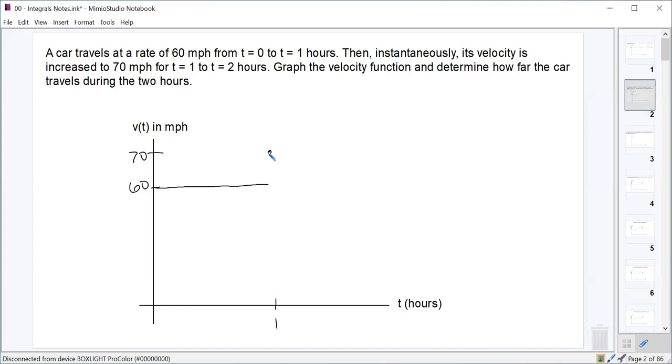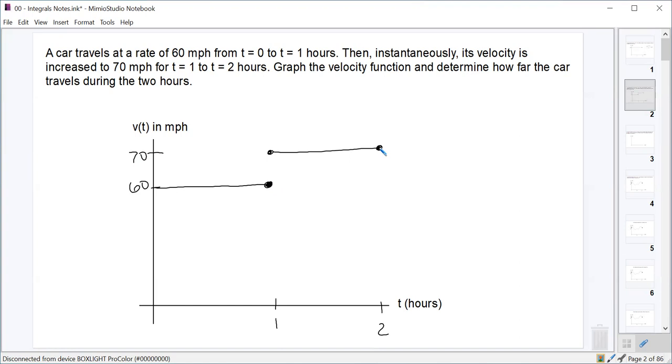There's no gap there in the time it takes. It just instantaneously changes. I'm going to make this thing not a function by saying I was going 60 miles an hour and 70 miles an hour at t equals 1. An instantaneous change there. Obviously not possible in real life, but for our purposes, we're going to use that idea.